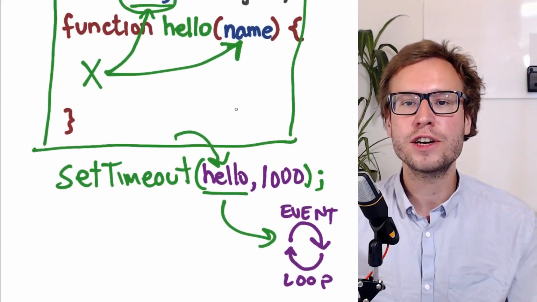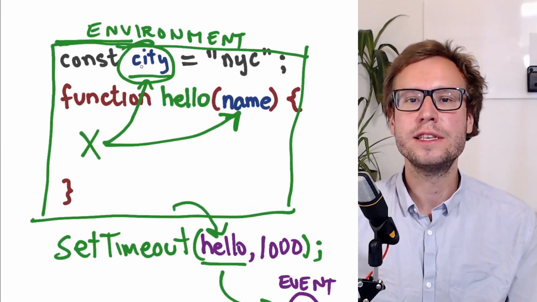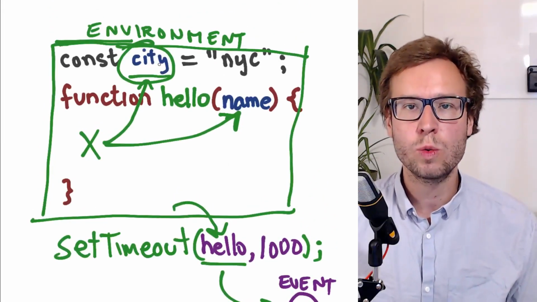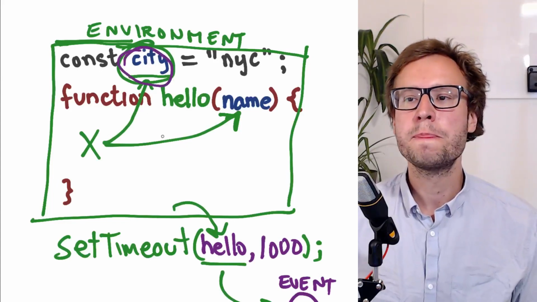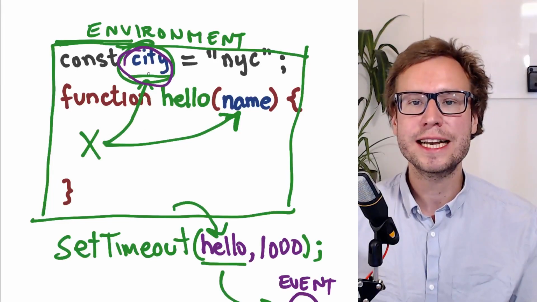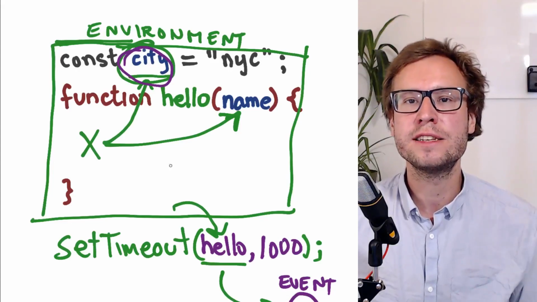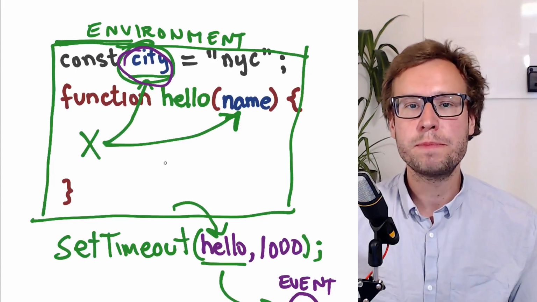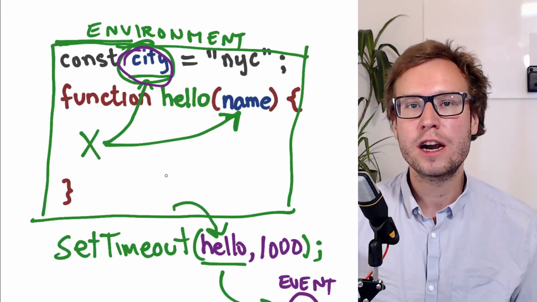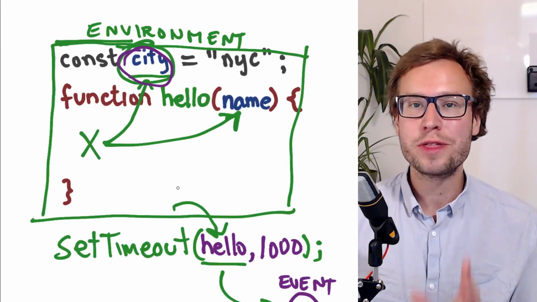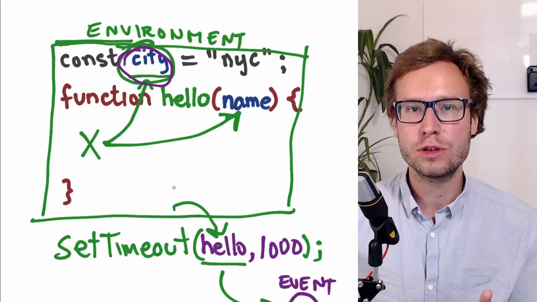Even though the function has now left the location in the code where it has access to the variable city, it still has access to it. It still remembers that this is its environment, and it packed up that environment and took it with it. And that's actually the power of a closure.